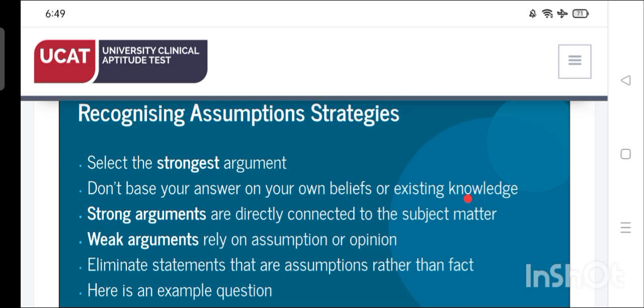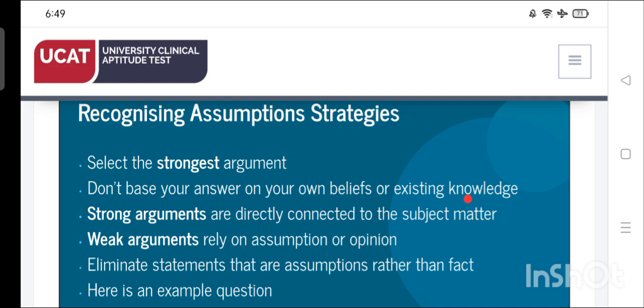Some of the arguments will be given to you in the form of options, and other ones could also be true, but you have to choose the strongest one, the most related one to the information that will be presented to you in the form of a question.